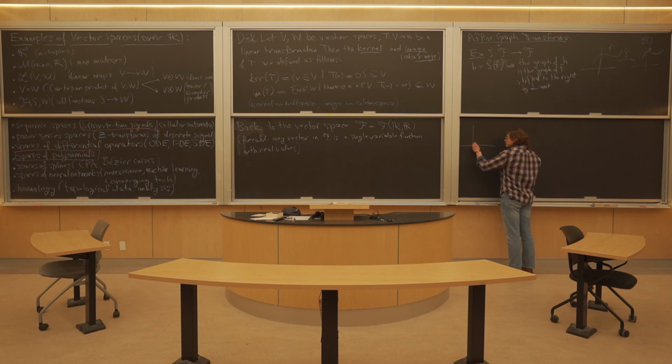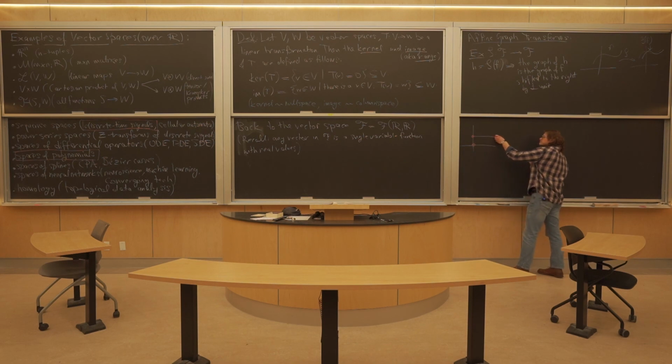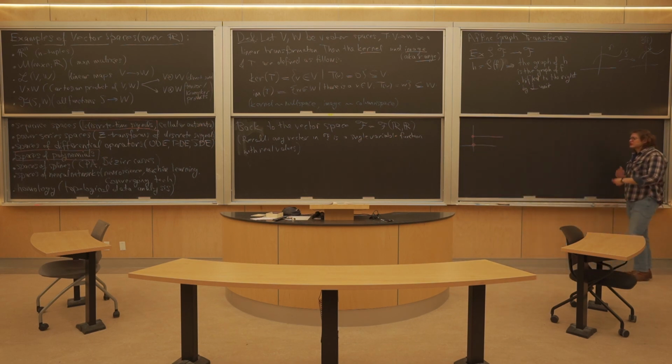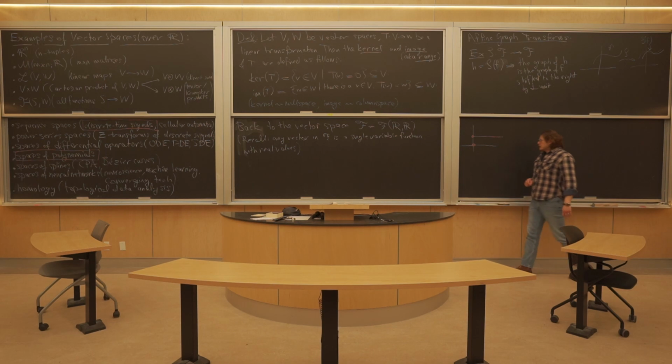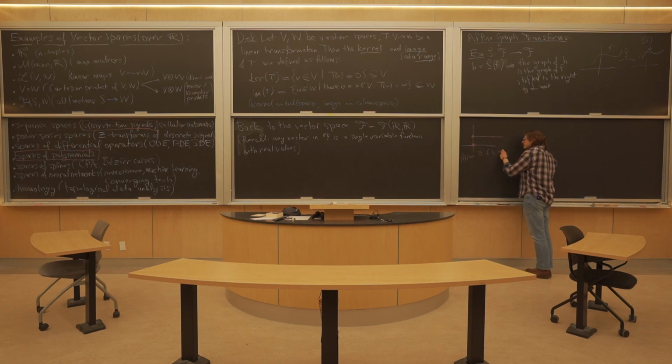Here it's 0. And then immediately at time 0, it jumps to 1 and it stays at 1. This is what is called the Heaviside function, or the unit step function. And I can write it like this, for instance. So f of t is 0 if t is less than 0.